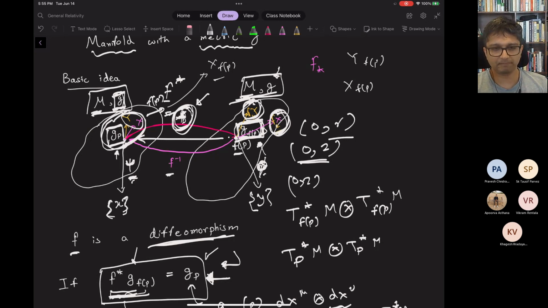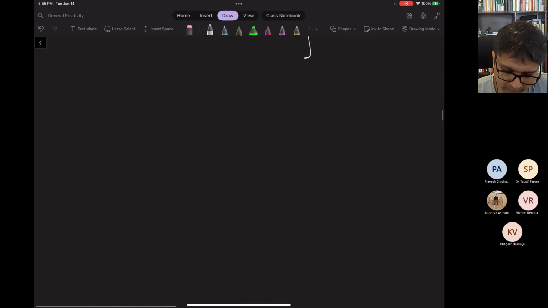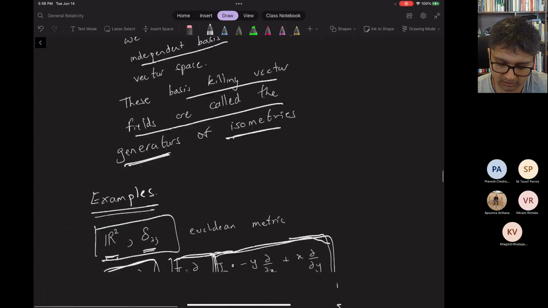Now, the coordinate chart that you use here, psi, and the coordinate chart that you use here, phi, can be different. Let me give an example. Let's do R2 with polar coordinates.